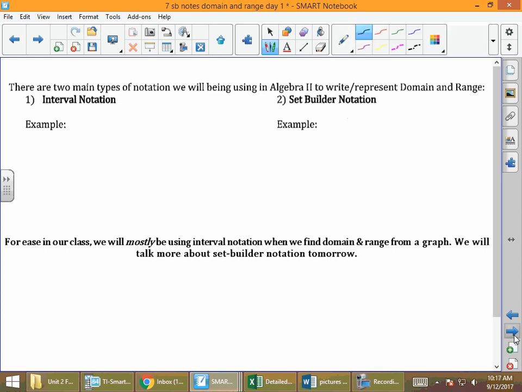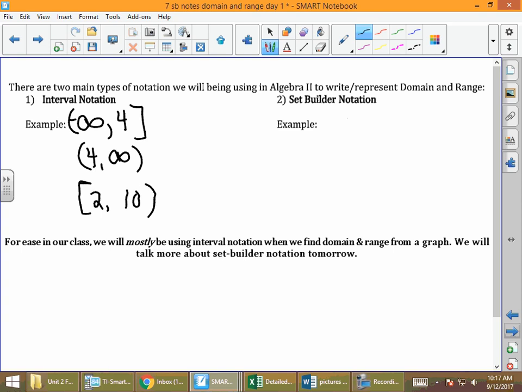But interval notation looks something like negative infinity to 4, or 4 to infinity. It could also be two numbers, something like 2 to 10. Those are just some of the examples.